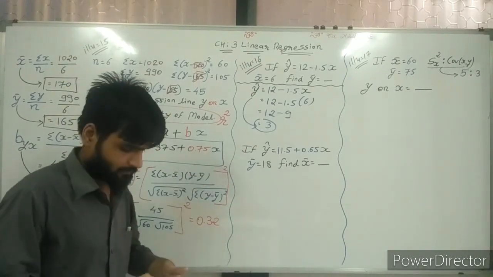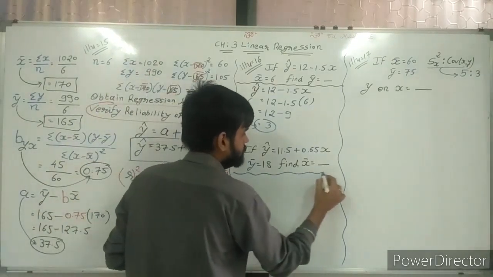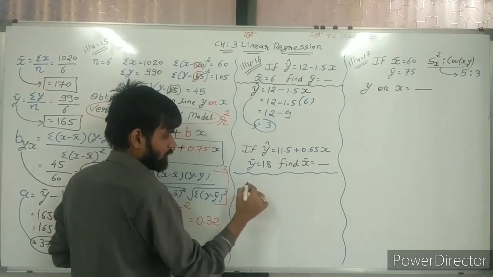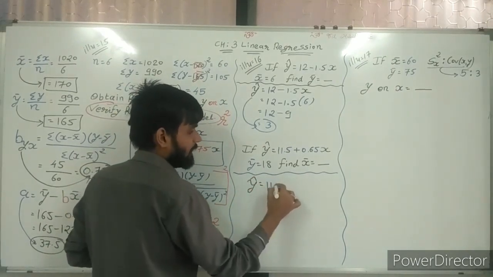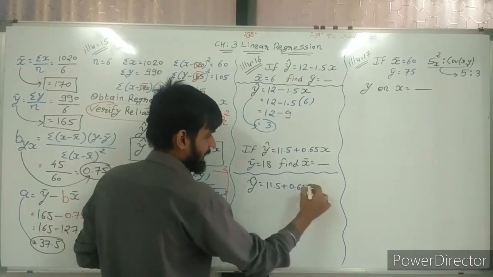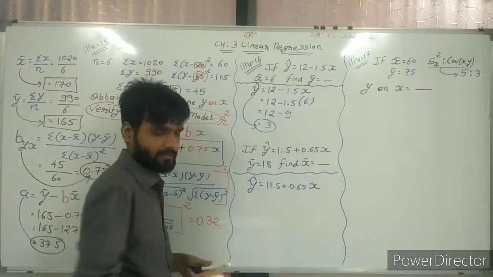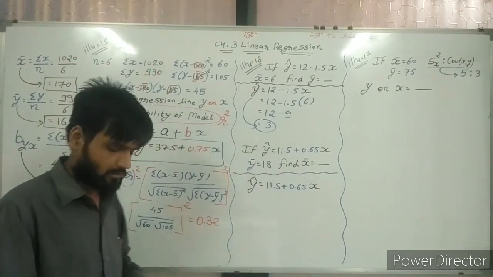Same way, doing the second sum. Again, here y cap is equal to 11.5 plus 0.65 x. This equation is given. Now for this, y bar is equal to 18 given.